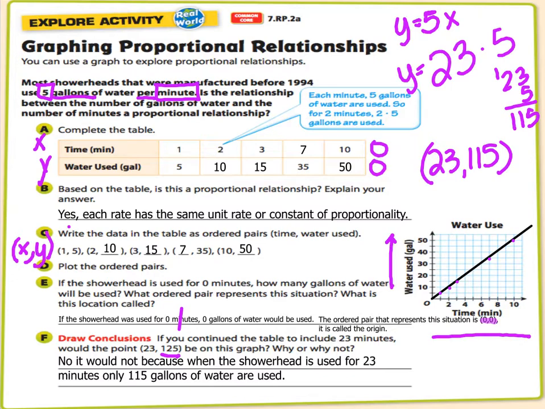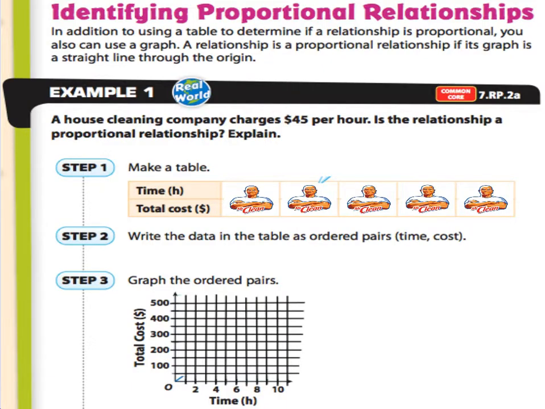If it is not a line, it is also not a proportional relationship. Your graph cannot curve or zigzag. So it has to be a straight line, and it has to go through the origin. You'll see that up here in your notes. If the graph is a straight line through the origin, it is a proportional relationship.